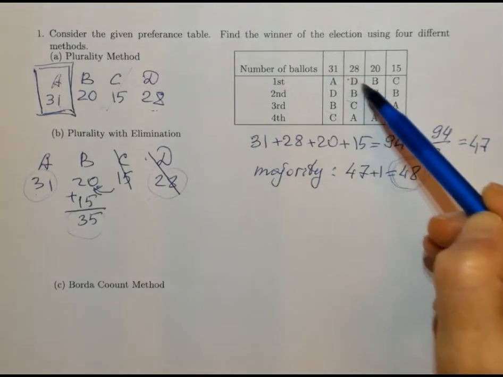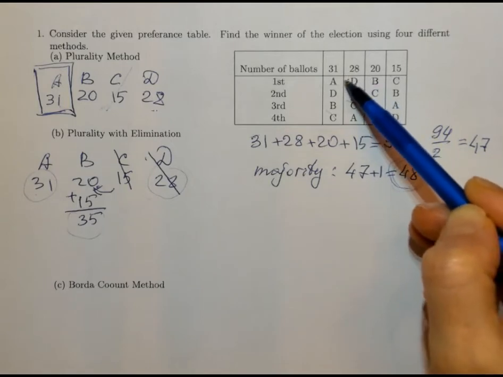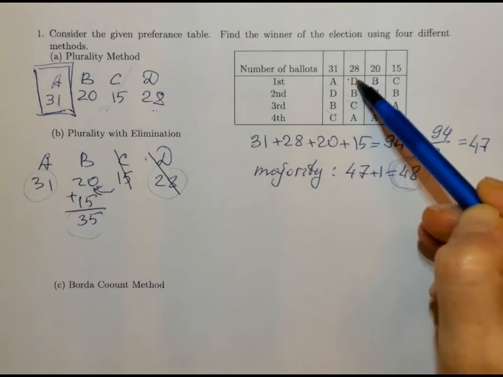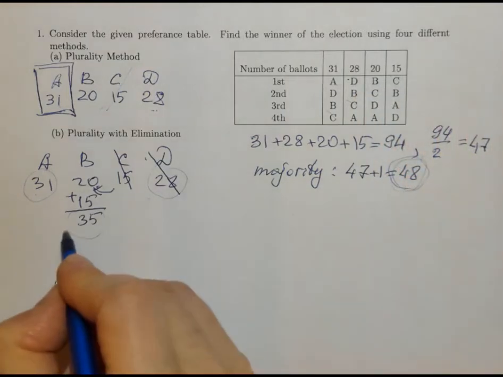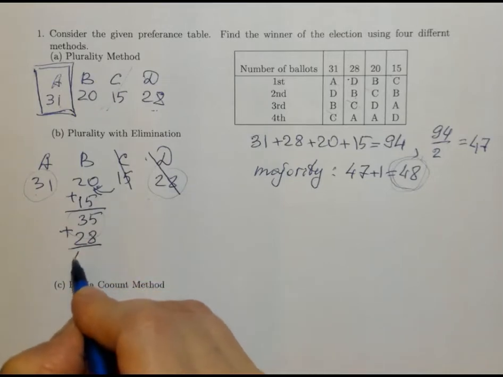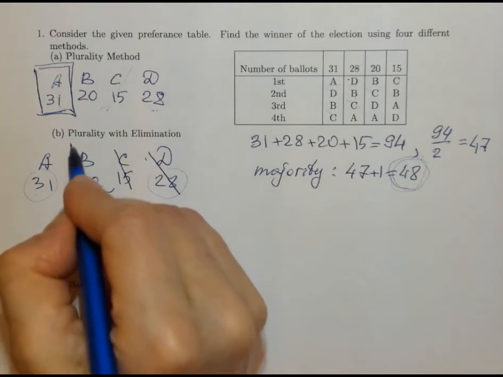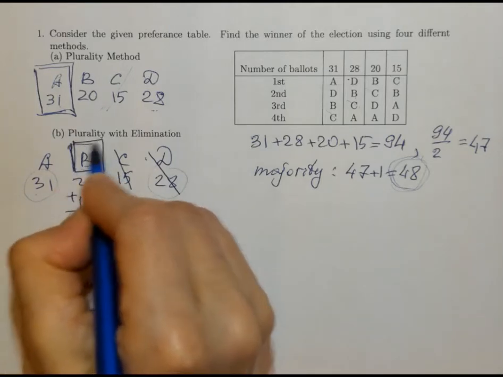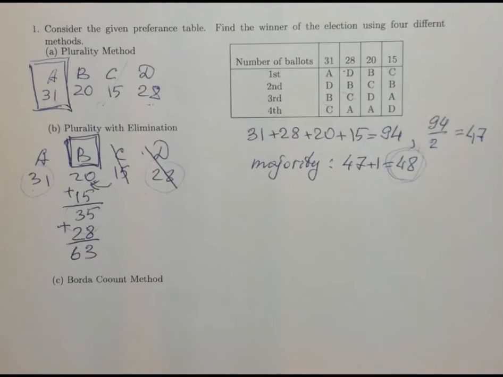When we remove D from the table, then its 28 votes go to B. So B gets another 28. So 63 votes, and now we see that B is the winner of the election according to plurality with elimination method.